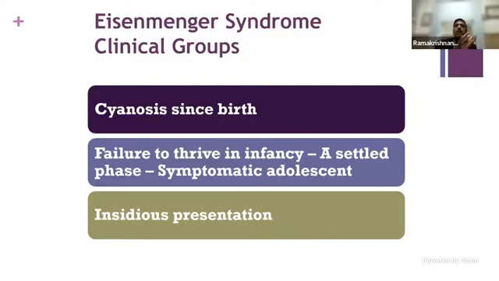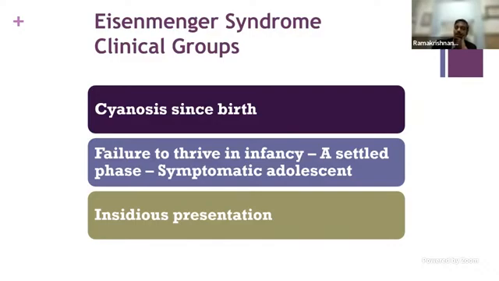But once obstructive pulmonary artery changes happen, the PA pressures become systemic and the shunt reduces. The Qp:Qs reduces and goes on reducing. The patient has a settled phase where the patient is minimally blue or gets blue on exertion, but at rest is fine, with very minimal limitation of activity. And then they present symptomatic in adolescence.